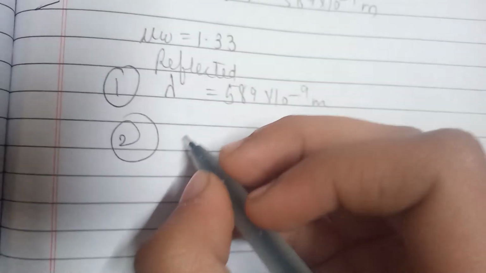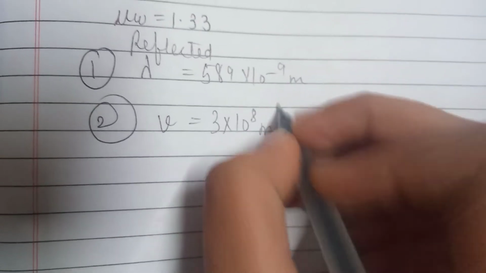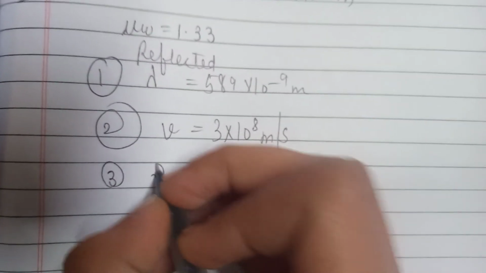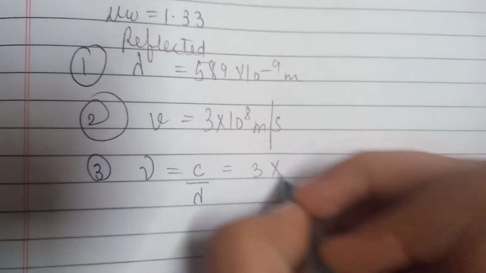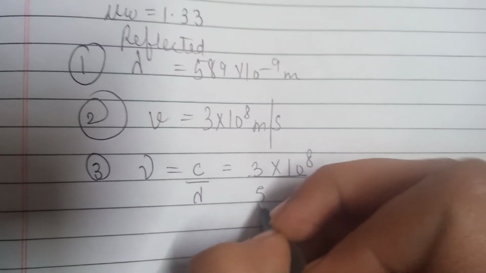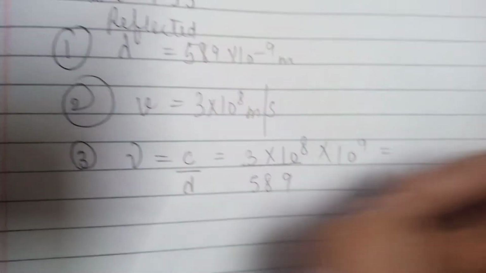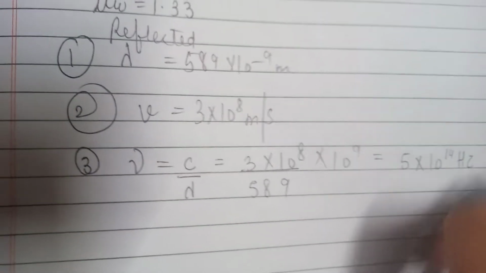And after reflection, light travels in the same medium, so the velocity of light after reflection will again be equal to C, 3 into 10 raised to 8 meter per second, and frequency will be C by lambda. Frequency is 3 into 10 raised to power 8 divided by 589 into 10 raised to power minus 9. Approximately the answer will be 5 into 10 raised to power 14 hertz.